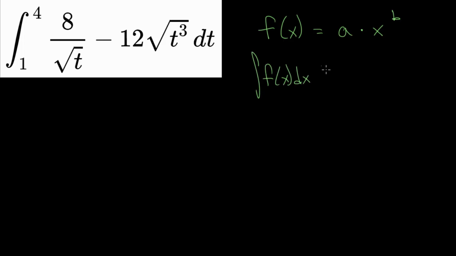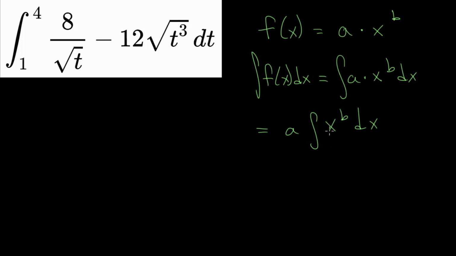We'll ignore the bounds for now and look at an indefinite integral. We can factor the a out, and we also have dx there. We have a multiplied by the integral of x to the b dx.